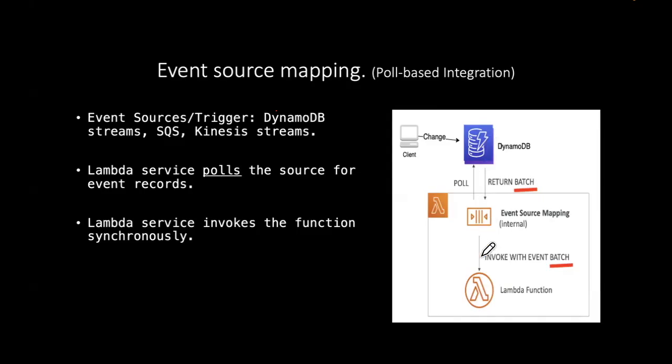And I want the Lambda function down here to process the state changes that are happening in my database. But the way this works is the Lambda service periodically polls the database, asking it, have any changes happened to your state since I last polled you?